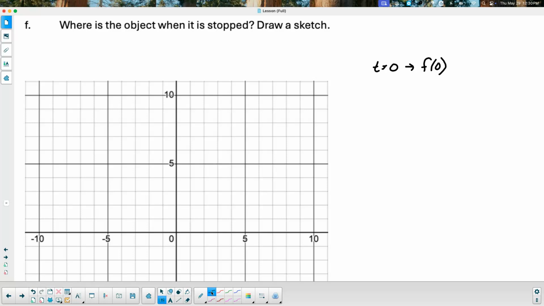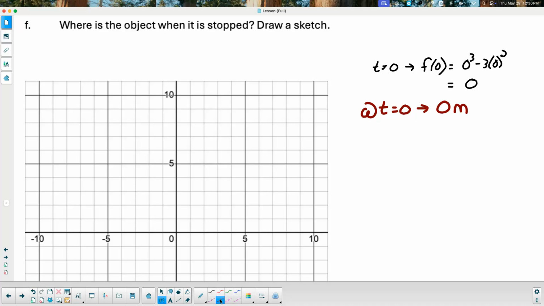And my function again was t cubed minus 3 times t squared, so that would be 0 cubed minus 3 times 0 squared. 0 cubed is 0. 0 squared is 0 times 3 is 0. 0 plus 0 is 0. So I am at 0 meters when it stops. That's one way of doing it.